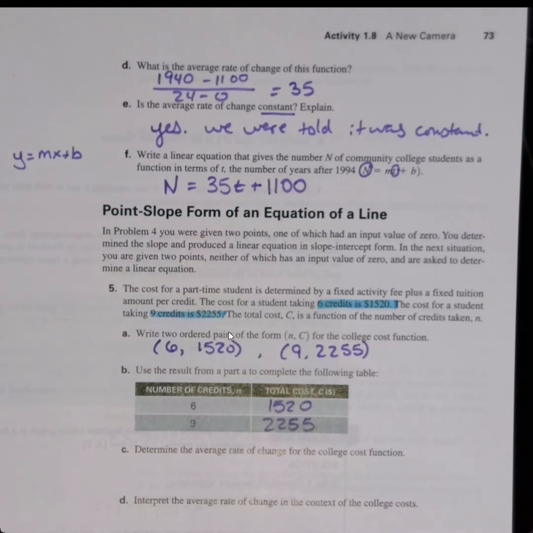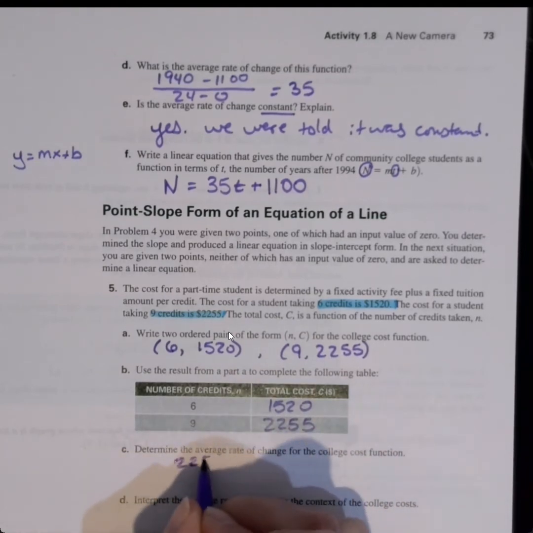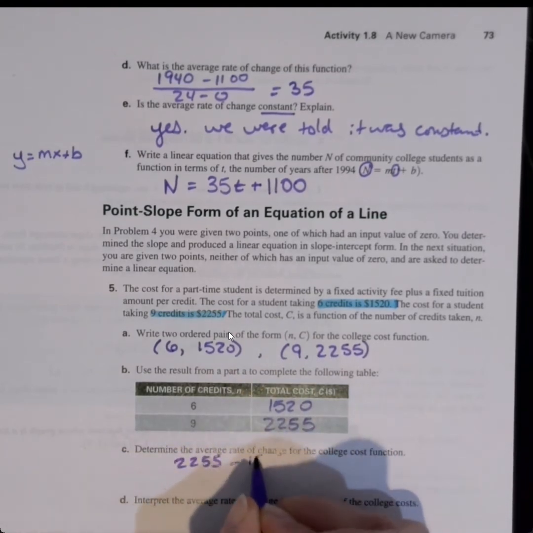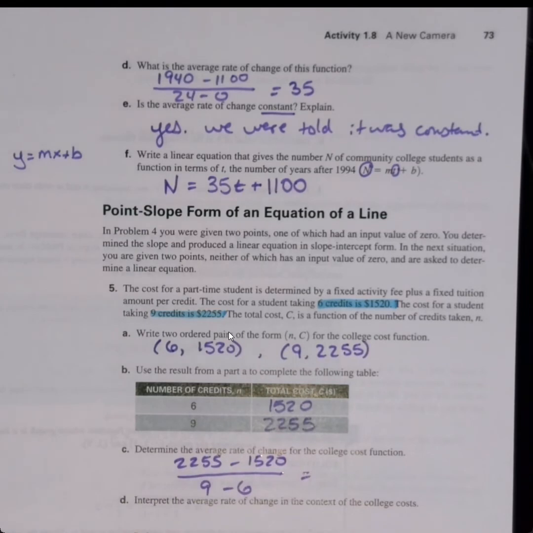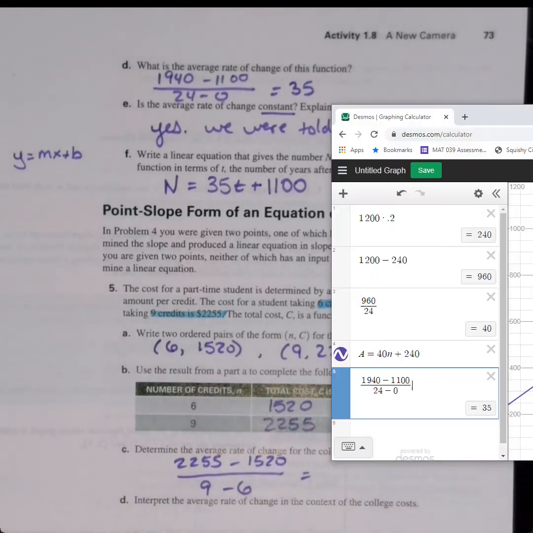Determine the average rate of change. All right, so I have change in output, so final output minus initial output, and divide that by final input minus initial input. And again, I'm going to use Desmos to help me with the calculation part here.